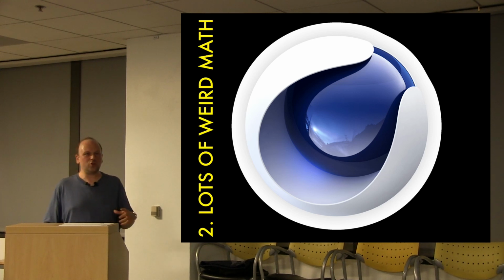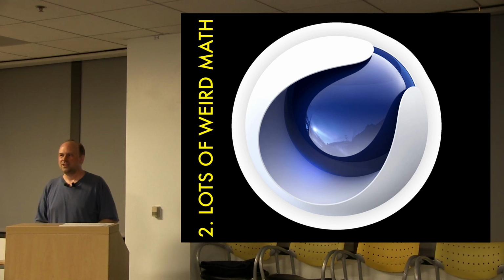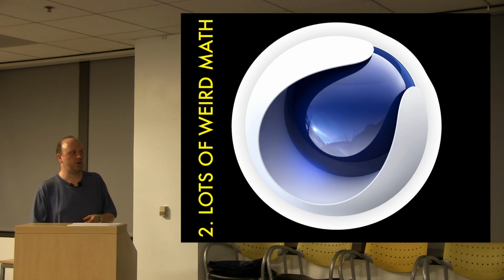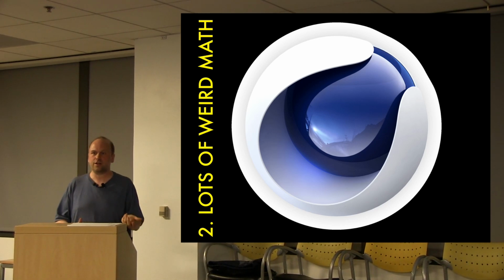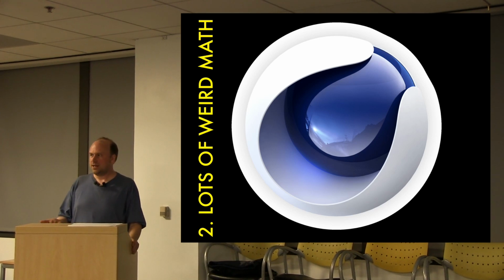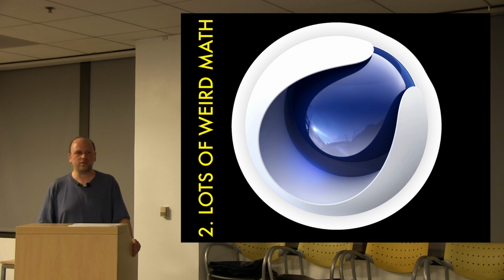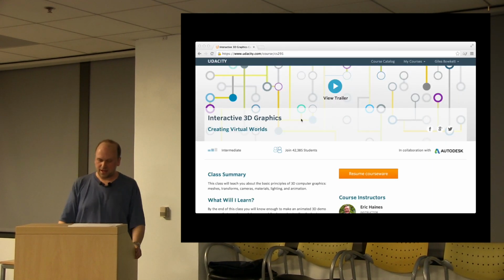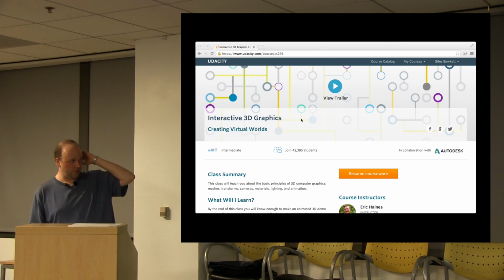And then step 2 is weird math, just understanding what kind of equations can cause interesting results. And one really good way to find that out is Grapher, which is built into OS 10. If you have a Mac, you have Grapher, and you can just throw in weird equations and see what they do.